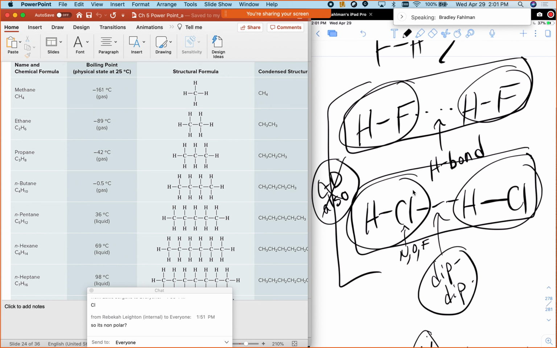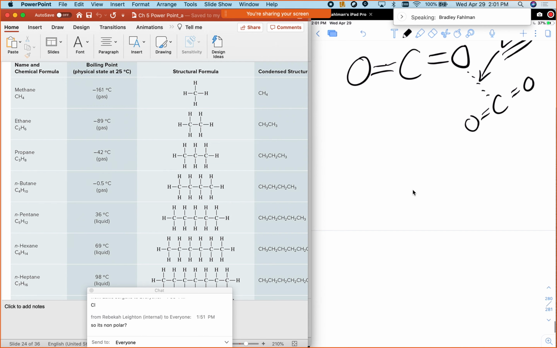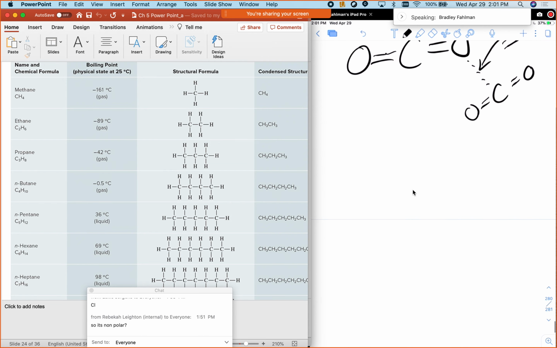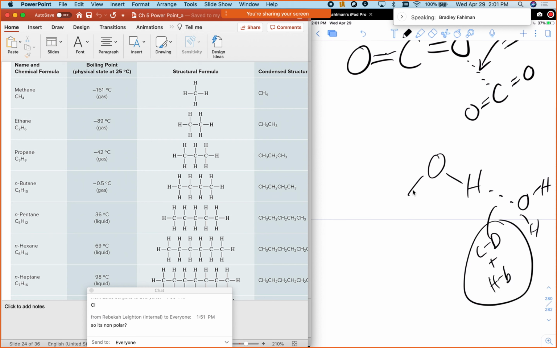We just say it's either dipole-dipole or hydrogen bonding. Even water really has London dispersion and hydrogen bonding, but we tend to forget about London dispersion in water because hydrogen bonds are so strong.